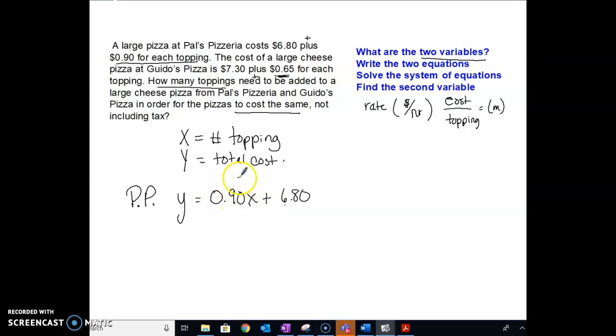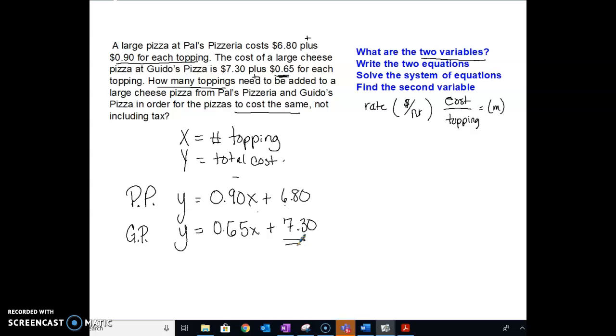When you add toppings, that changes. That's your rate. So look at Guido's Pizza and set up that equation. The total cost is going to be 65 cents per topping plus the original $7.30 when you have no toppings at all. That's your y-intercept, your b.